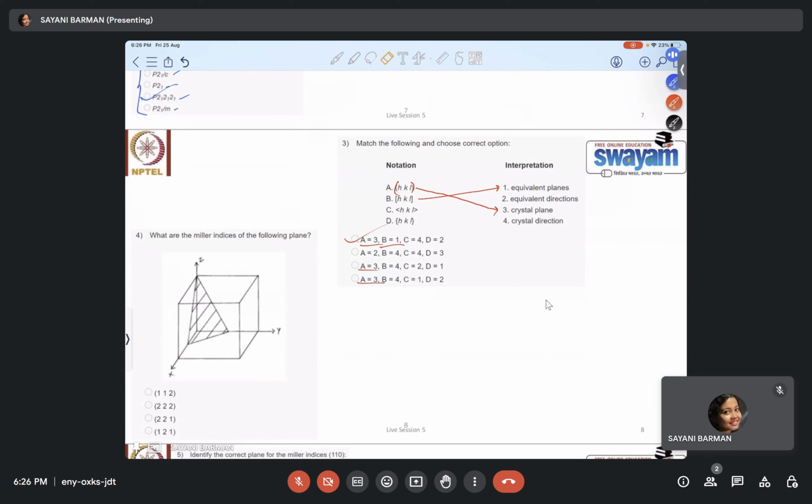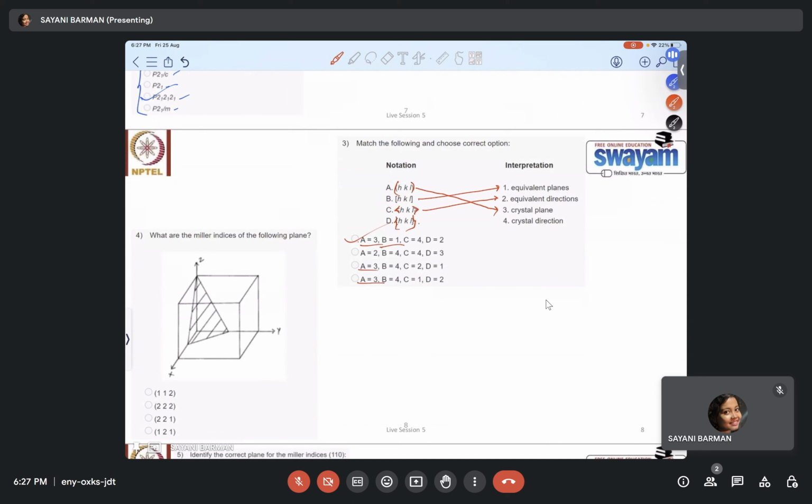We'll just check the other options also. So these brackets, lesser than and greater than brackets, these are equivalent directions. Yeah, and these ones are, okay, these are crystal directions.